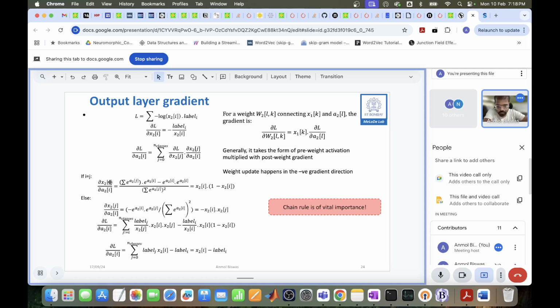So the gradient of x2 of i with respect to a2 of i is just this, and this is just the division rule of differentiation.